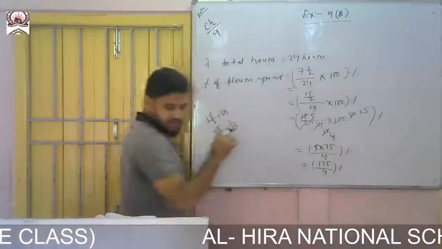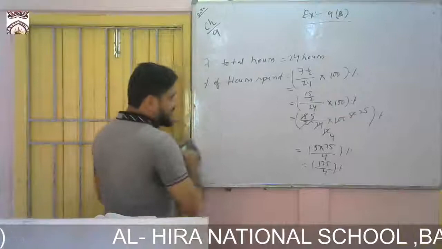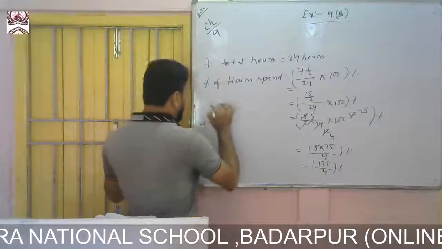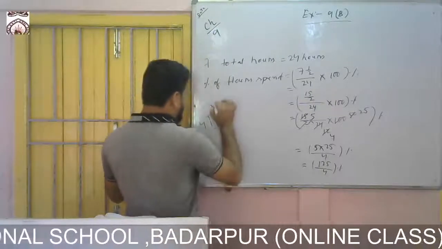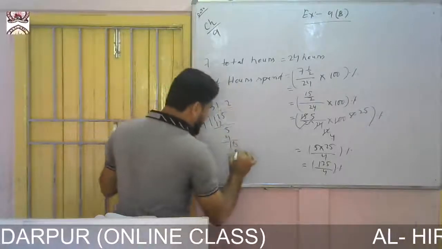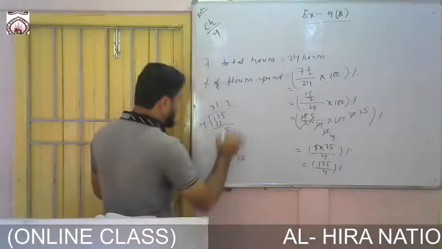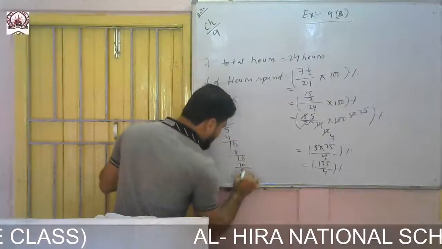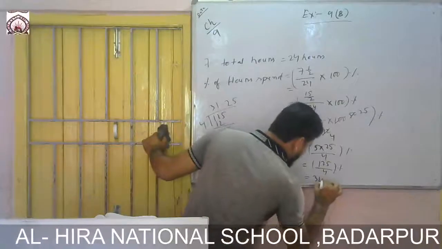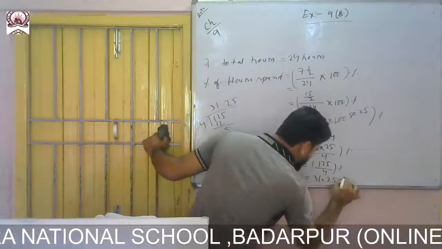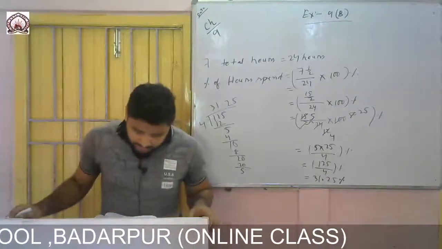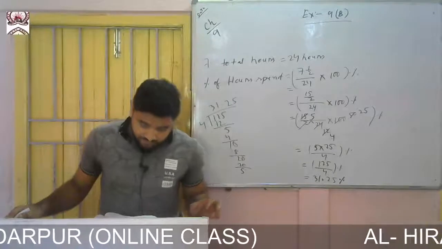Now you just divide it. 125 by 4: 4 3s are 12, remain 5. 4 1s are 4, remain 1. Put a point, take 0. 4 2s are 8, remain 2. Put 0, 20. 4 5s are 20. It is 31.25%. That is the answer: 31.25%.